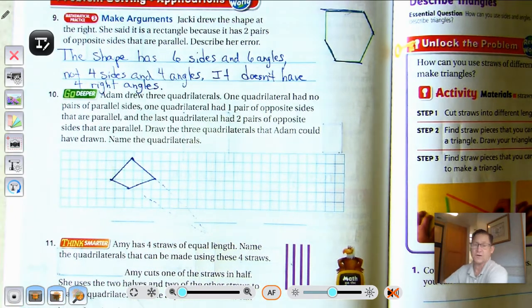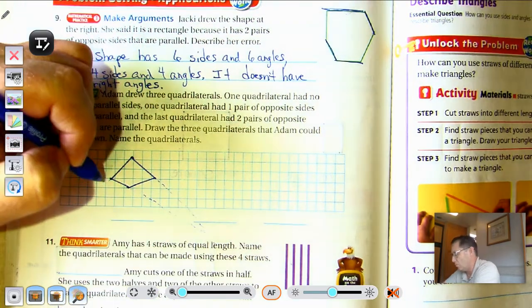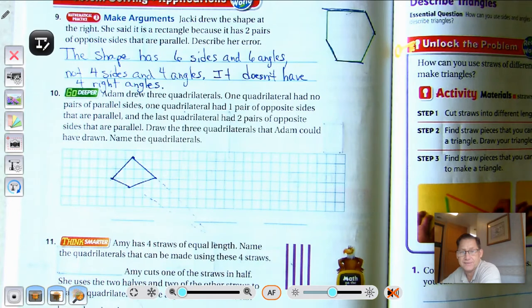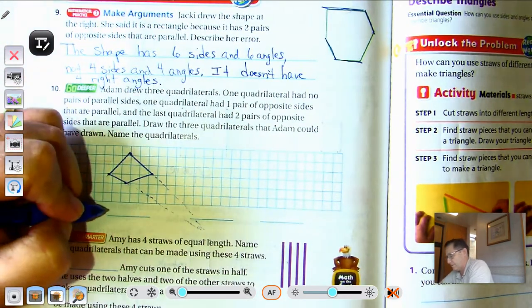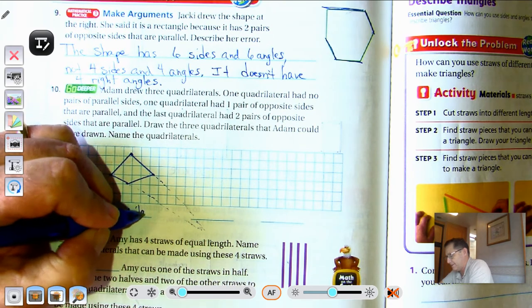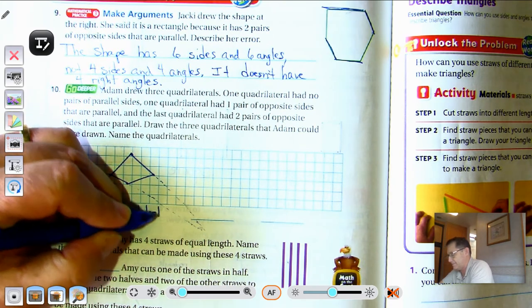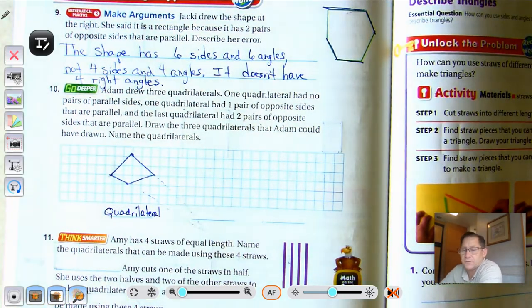So they would eventually cross the top and the bottom there. Okay, I could have drawn that a little more in so that it would have been guaranteed of crossing. Okay, so this one is just a quadrilateral. It doesn't have any sides that are opposite. It doesn't have any pairs of opposite sides that are parallel, so it can only be named a quadrilateral.